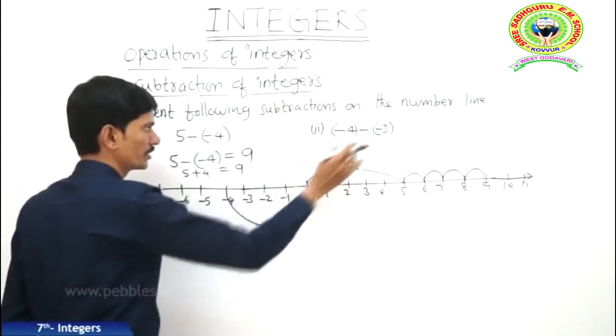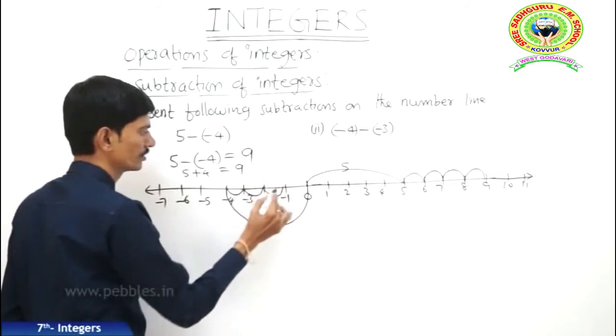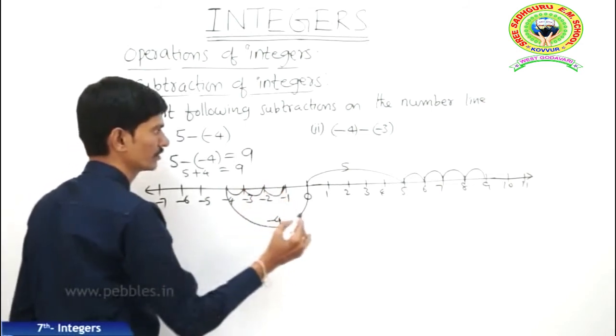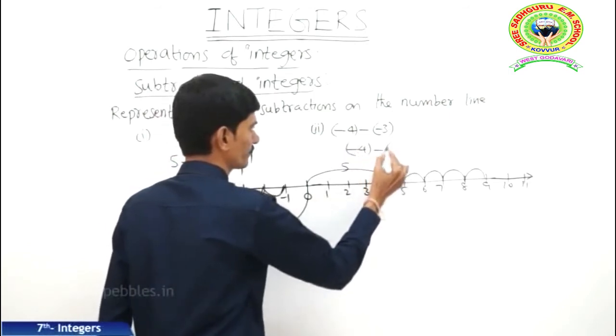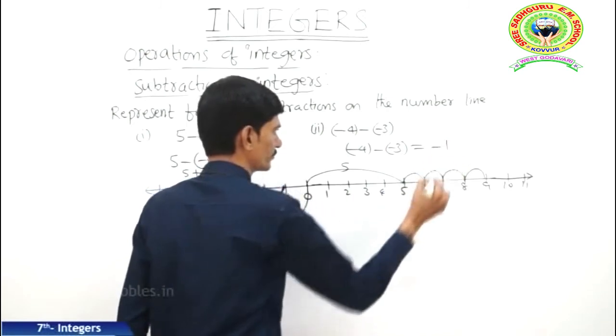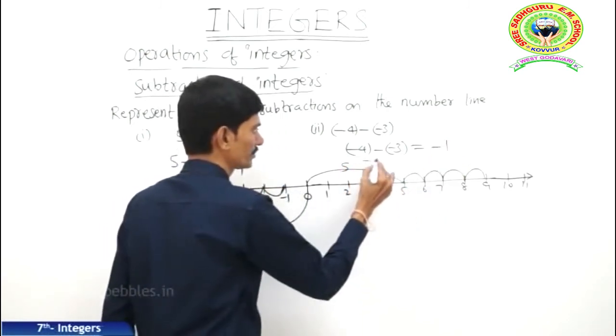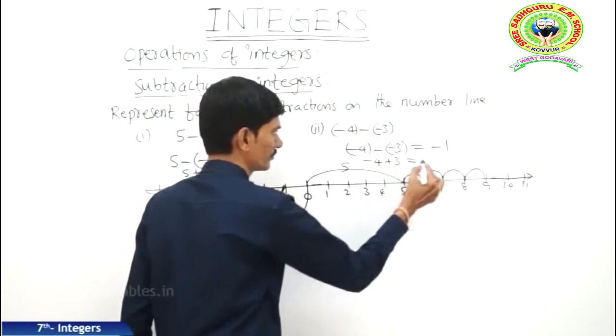So here we move 3 units right. So that is 1, 2, 3. So we reach minus 1. So then minus 4 minus of minus 3 equals minus 1. So this can be written as minus 4 minus of minus becomes plus 3 equals minus 1.